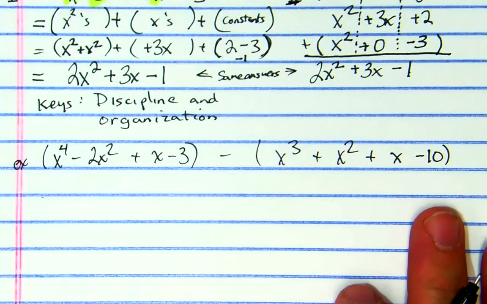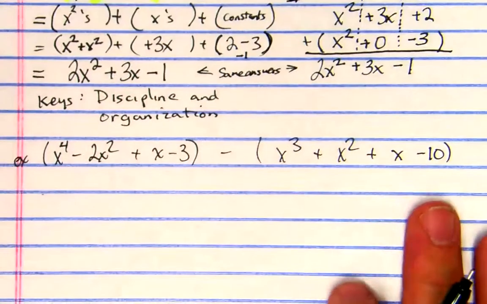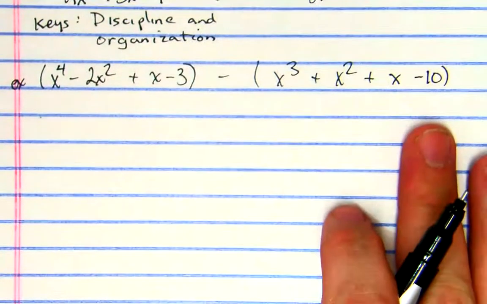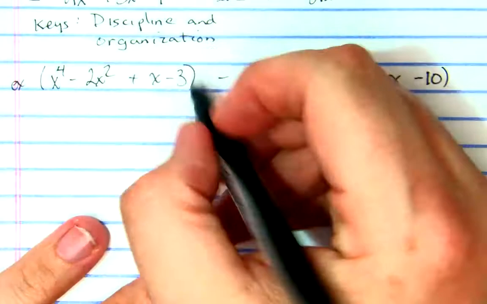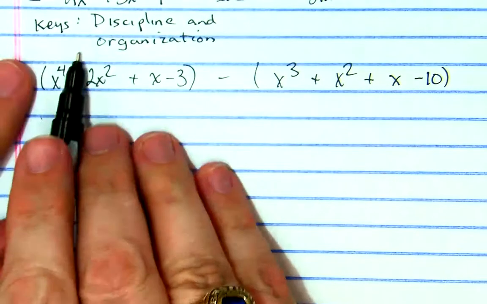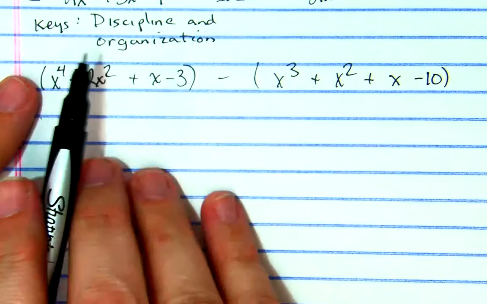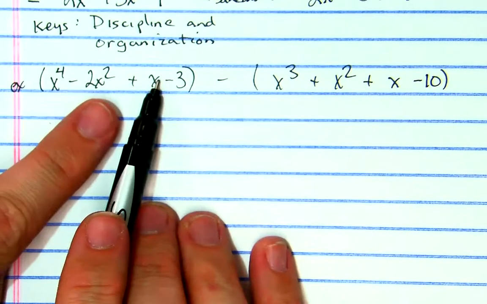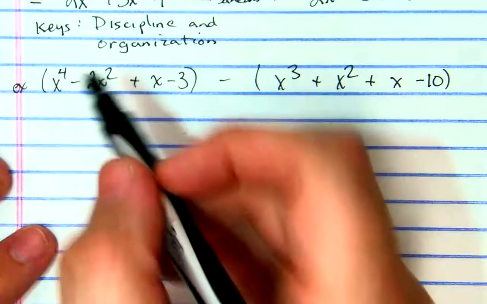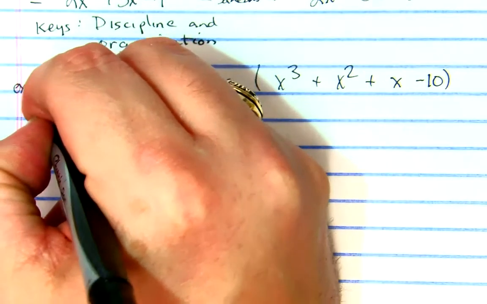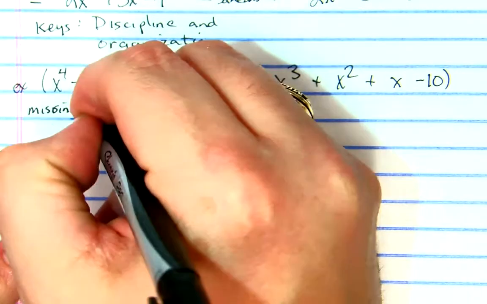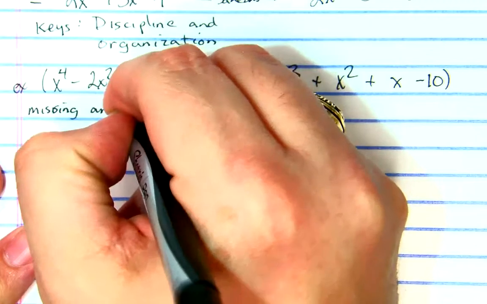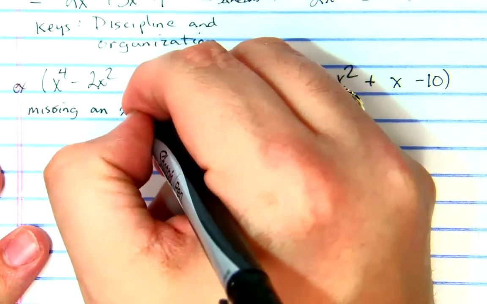And what I'm going to do is I am going to not use the horizontal method. I am going to use the vertical method. And the vertical method says, all right, take the first one. And now I notice that I have an x to the 4th, x squared, an x, and a constant. I'm missing an x cubed term.